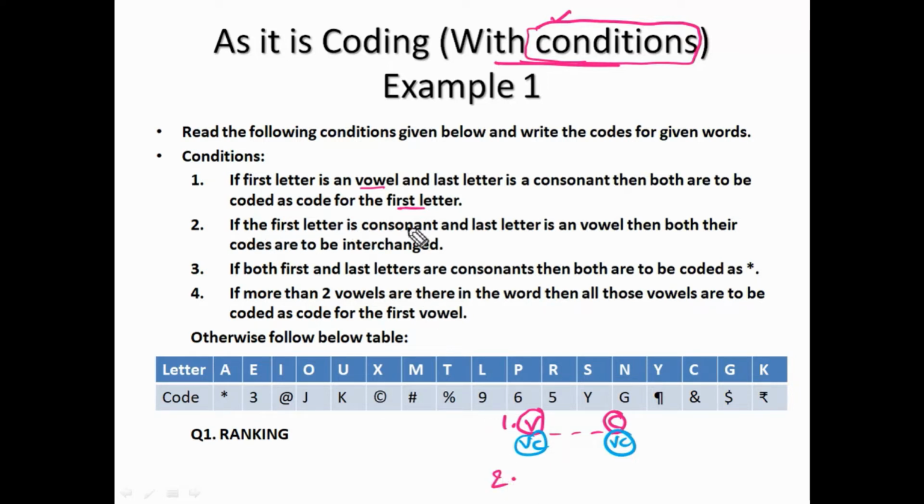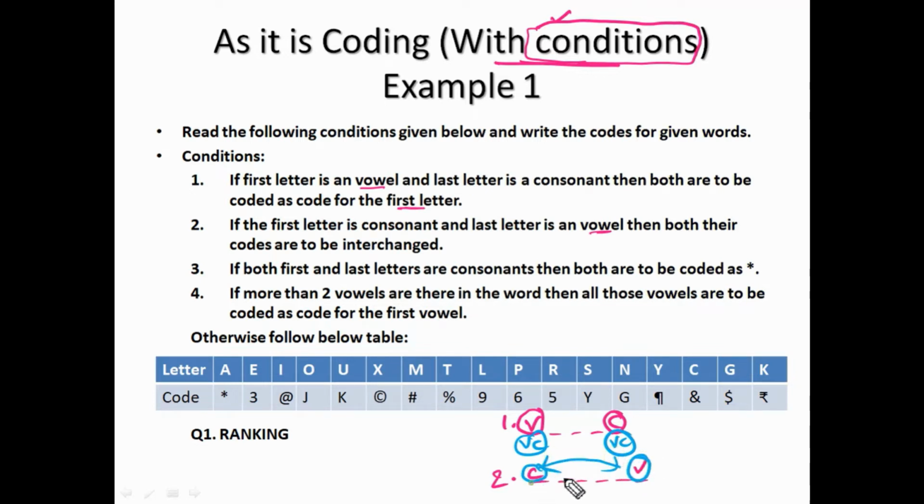The second condition: if the first letter is a consonant and the last letter is a vowel, then both their codes are to be interchanged.